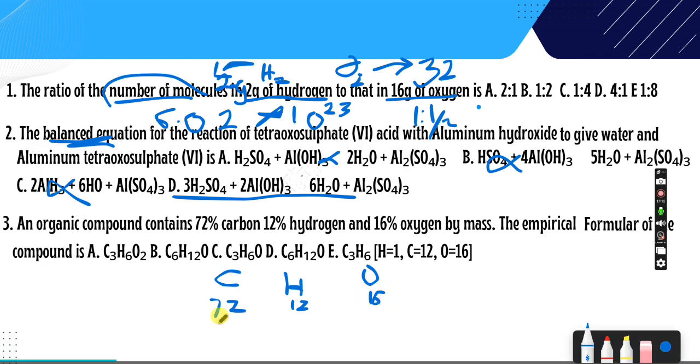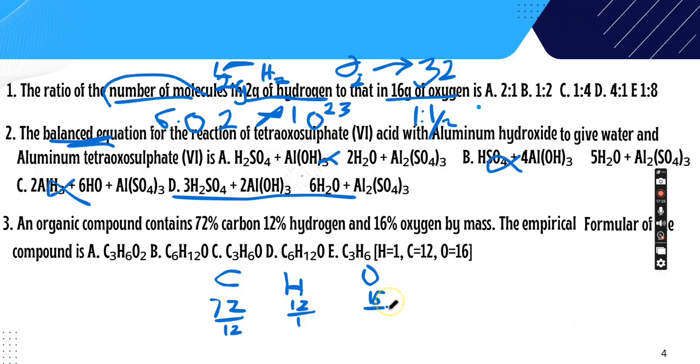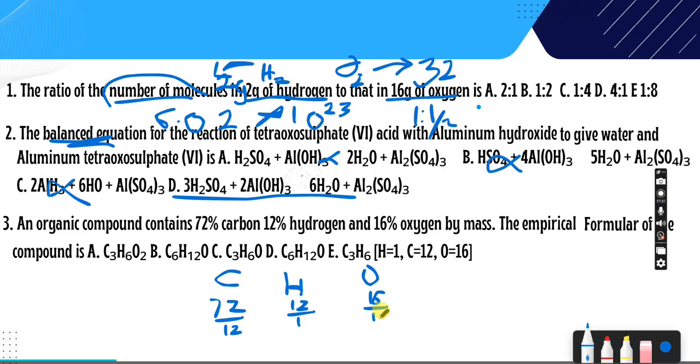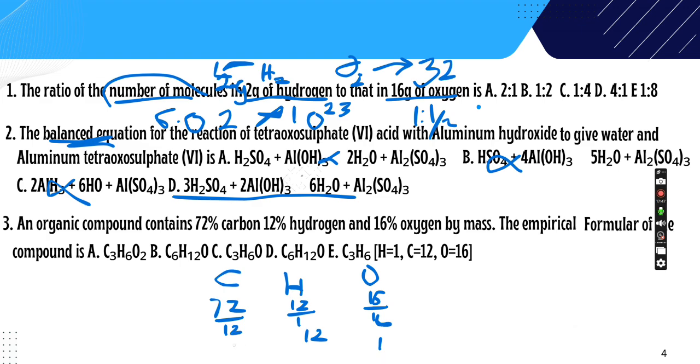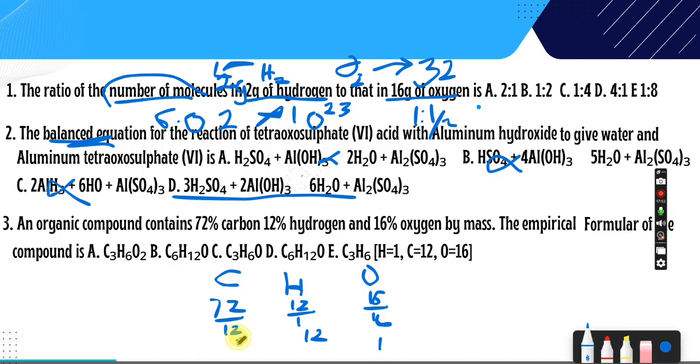So we are going to divide carbon by the atomic mass of carbon, that is 12. Hydrogen by 1. And oxygen by 16. 16 divided by 16 will give us 1. Hydrogen will give us 12. And 72 divided by 12 will give us 6.